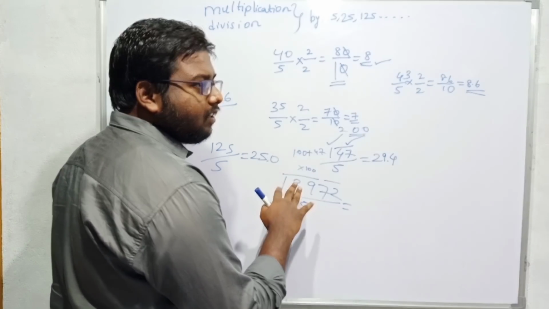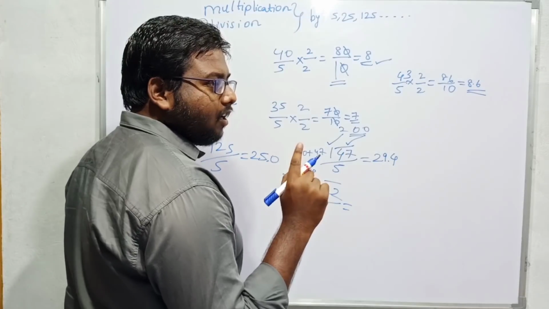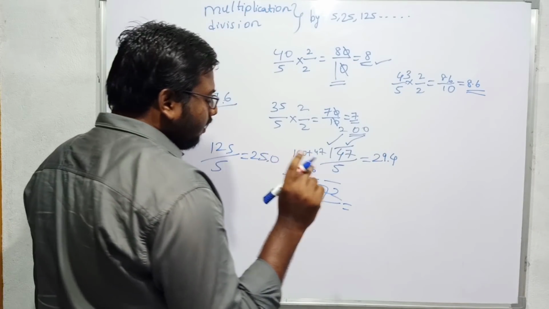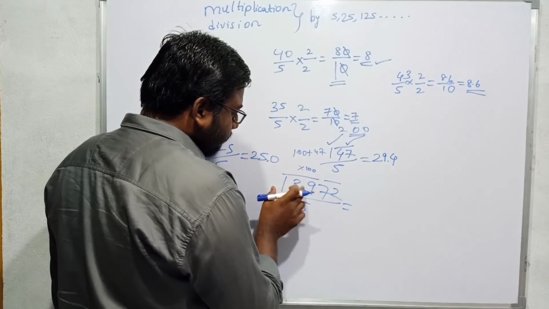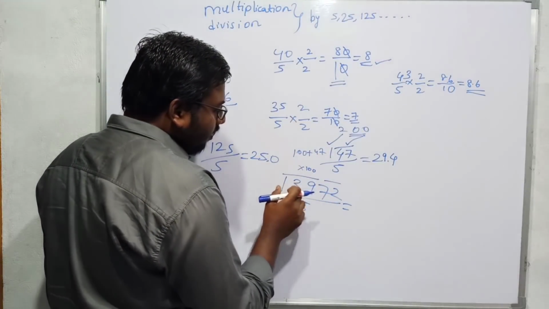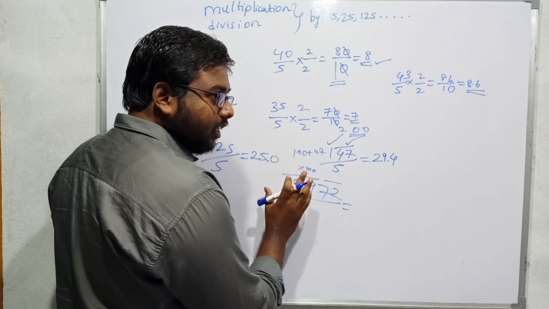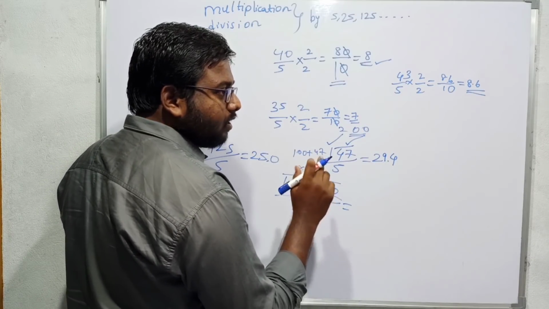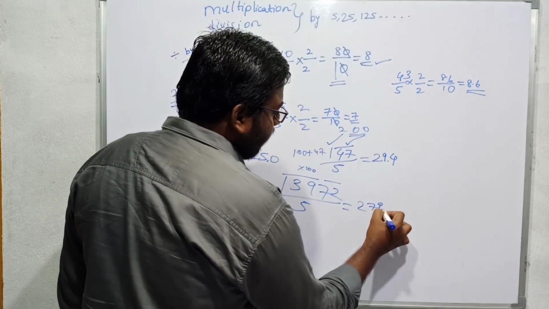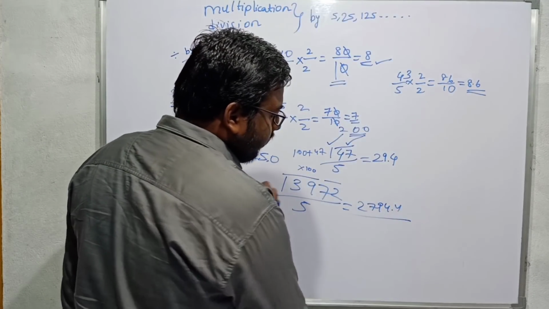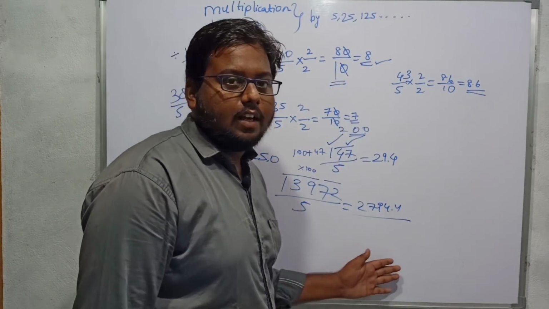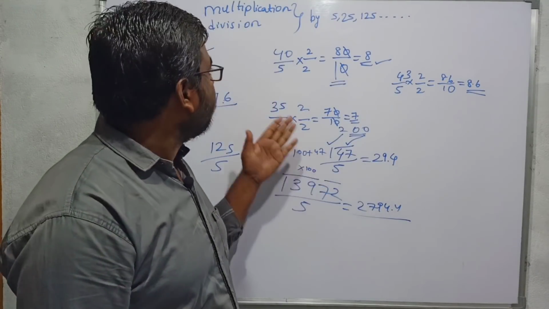If you want this clarity also, please watch the video of part 1 and part 2. I clearly explained it there. For example, if I have to multiply this with 2, this is 278. I will keep 278 beside and I will calculate this 144. 278 plus 1 is 279.44 and a point before it. So 2794.4. So in this way you can calculate the division with 5.